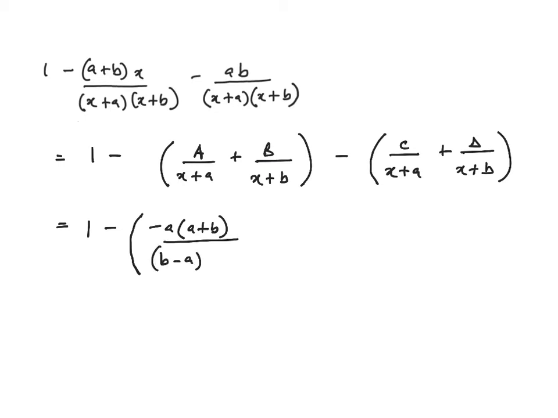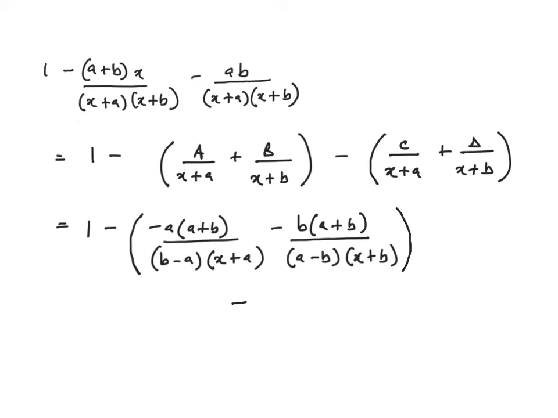That's the value of A, but we've also got the x plus a on the bottom. The value of B is something similar, so it's b lots of a minus a plus b over a minus b. But that's the value of B only. We've got the x plus b on the bottom. So this part here is the value of A, this part here is the value of B.